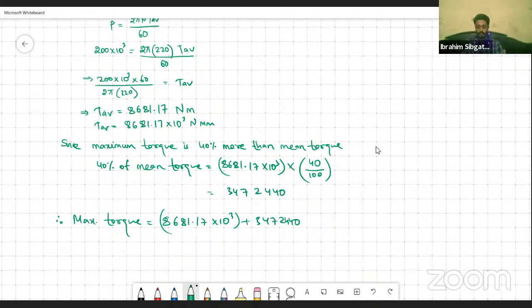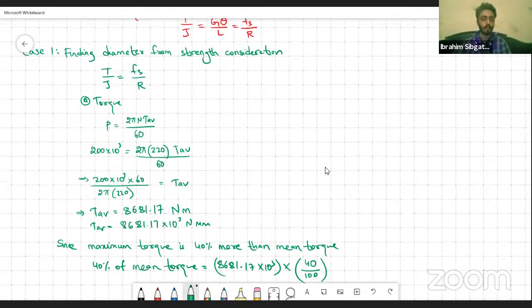Okay, so the answer will be like this: 12153610 Newton millimeters. Okay, I can also write this as T equals to 12.15 into 10 power 6 Newton millimeter. Okay, so we have got the first unknown of this formula.